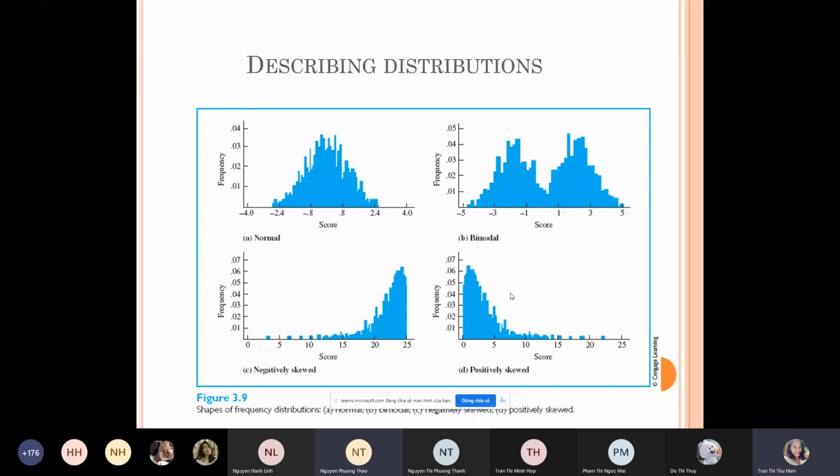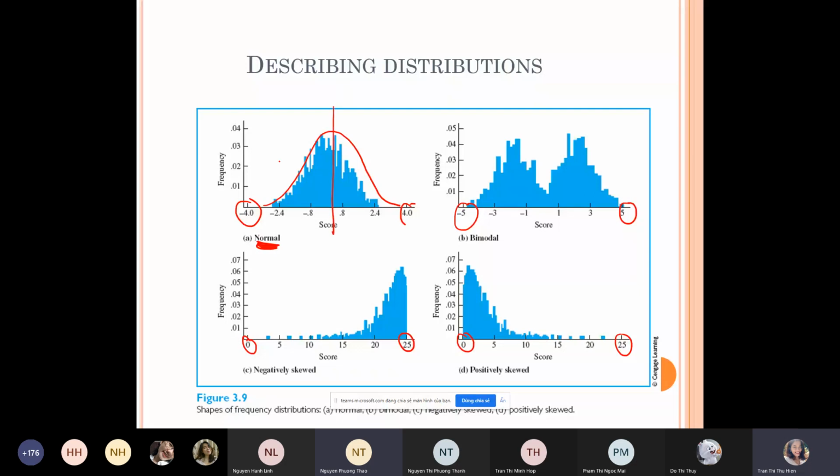Describing distribution. When you look at a display, remember that for a bar chart or histogram, you have to order the data from the smallest to the greatest. When you look at the distribution, the data is normal if, when you draw it, it has a bell shape like that.